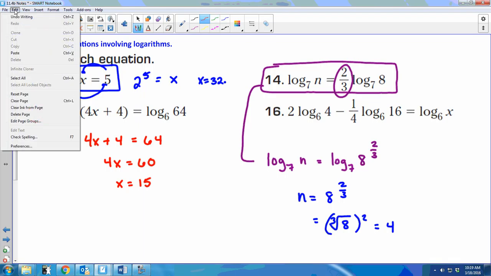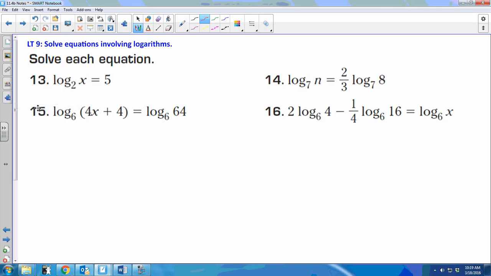All right. Then the last one kind of puts it all together. In the last one, we have multiple logs on the left-hand side. I cannot do anything until I have one logarithm on the left-hand side. I have to condense it into one. In order to do that, I need to have logs without these values in the front. So the first thing I need to do is rewrite those logarithms with exponents, using the power property, so that I can condense later.